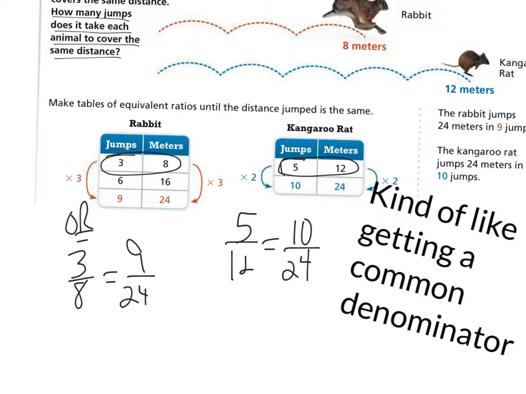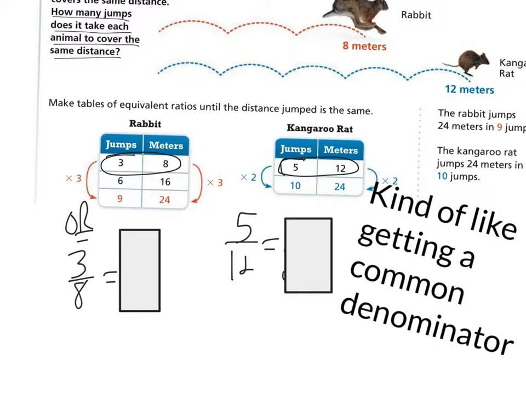If 3 jumps was 8 meters, we'll just imagine we didn't have this over here. 3 jumps was 8 meters, 5 jumps was 12 meters. What we're trying to do, we're trying to get their distance to be the same, which is the denominators here. So that's how it has to do with getting a common denominator. It's kind of that same idea.